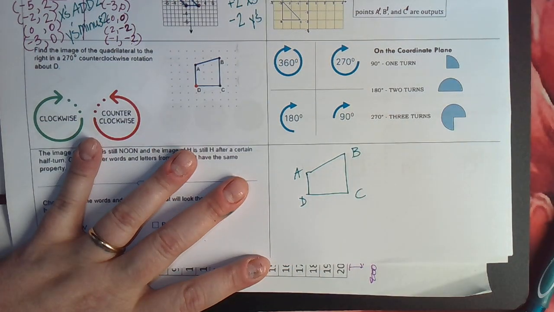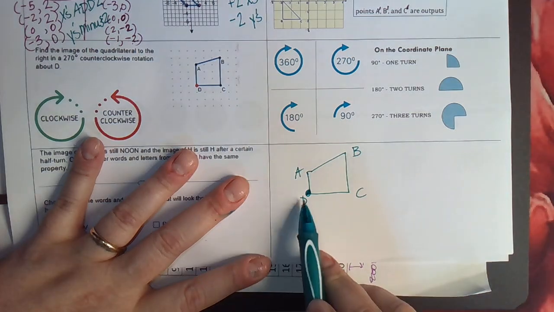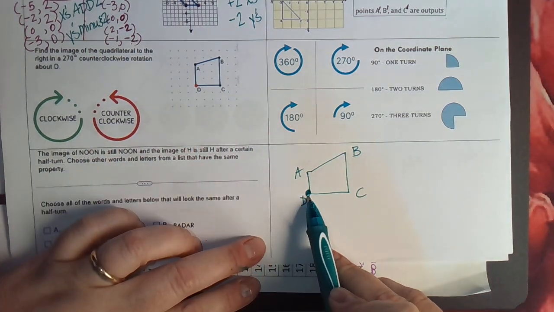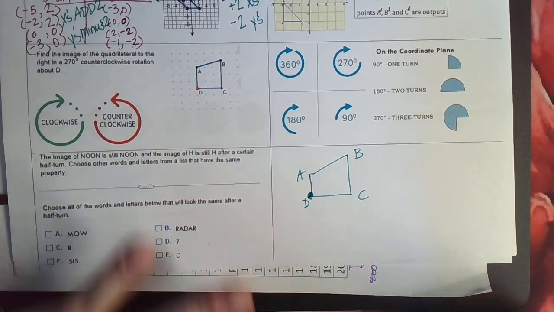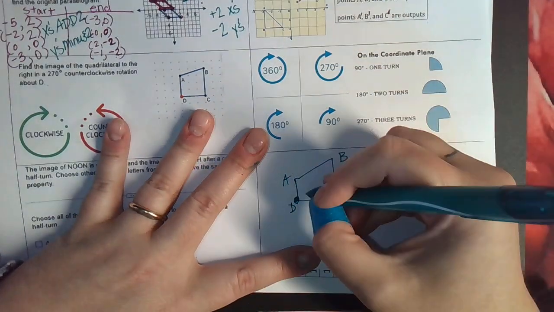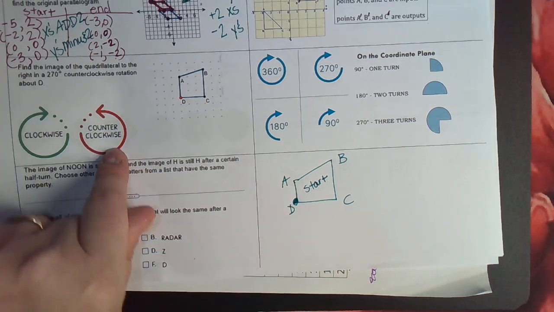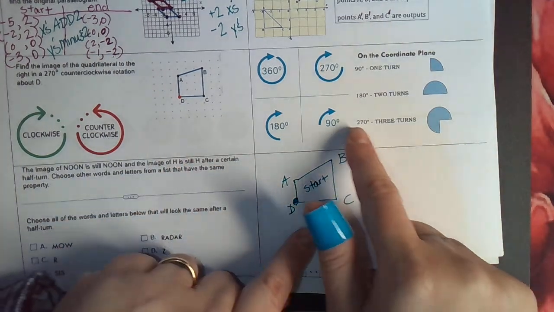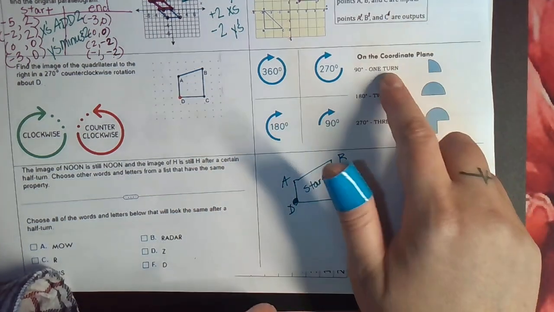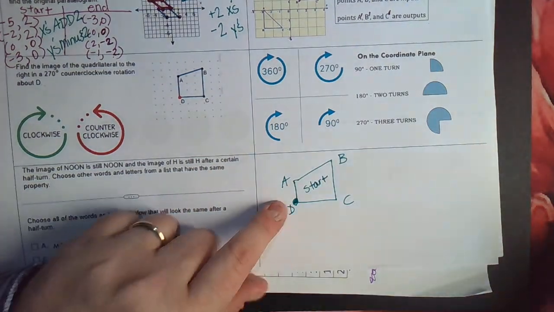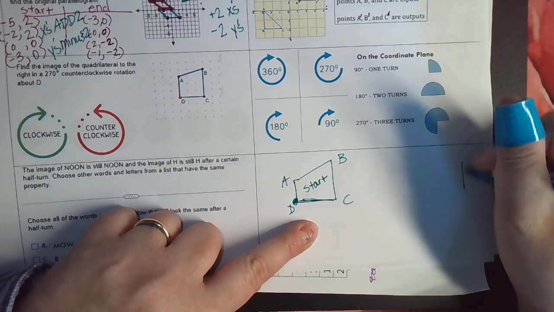It says counterclockwise about this point D. We want to go 270, but let's go slow. This is what we start with. If I take this picture and turn it counterclockwise just 90 degrees, this DC that's along the bottom, left to right, is now up and down.